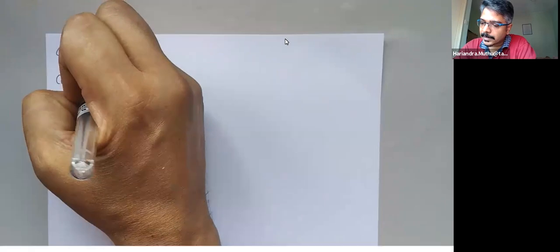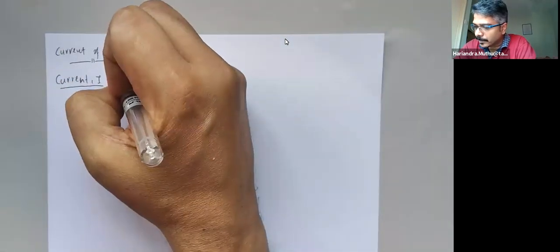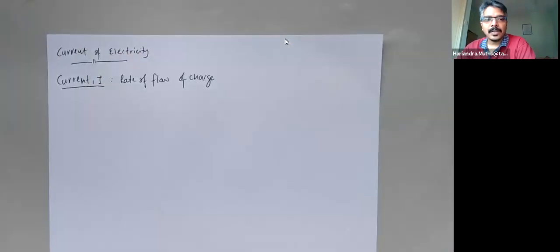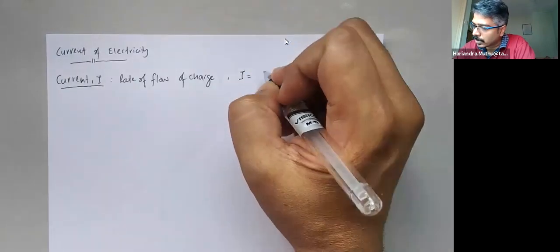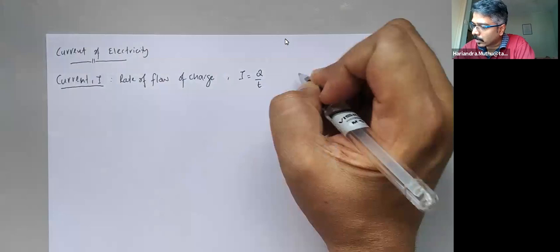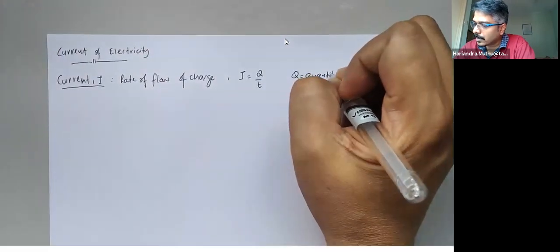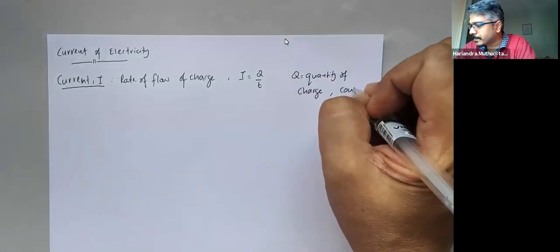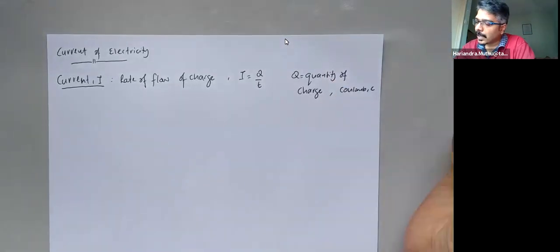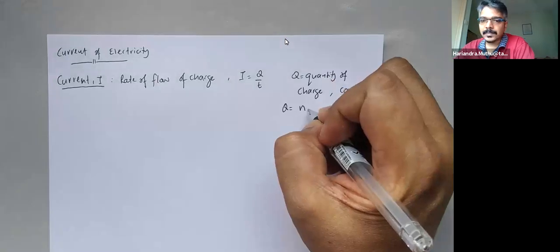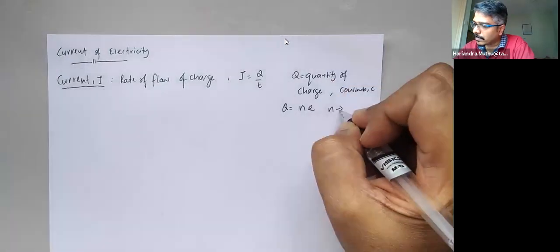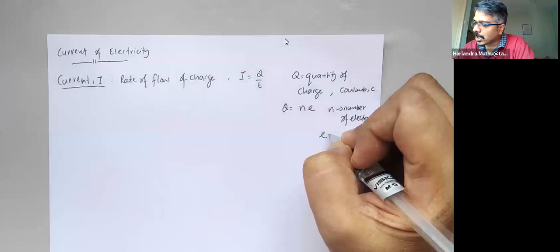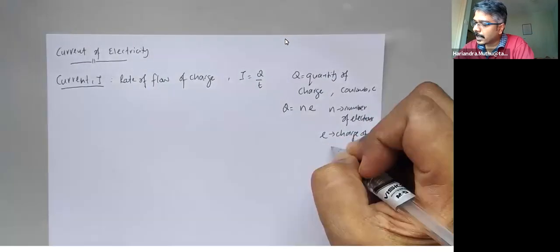Current I is defined as the rate of flow of charge, where I equals Q over T. Q is quantity of charge, where the unit is coulomb, C. And Q is Ne, where N is the number of electrons, and e is the charge of an electron.